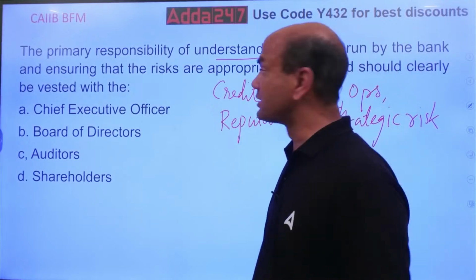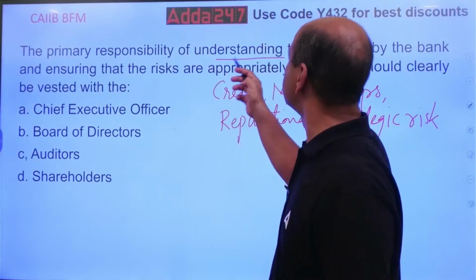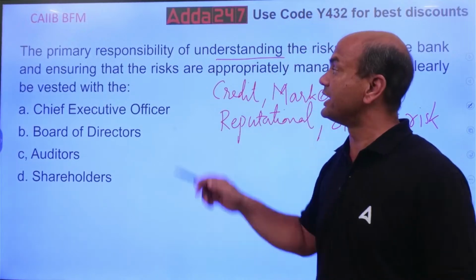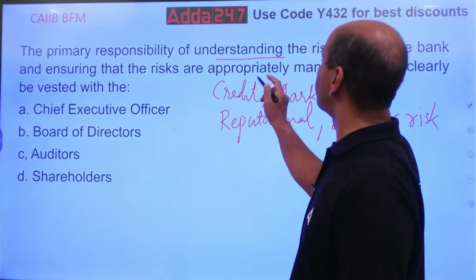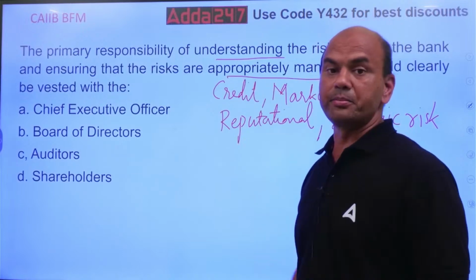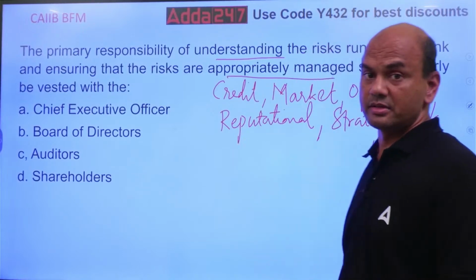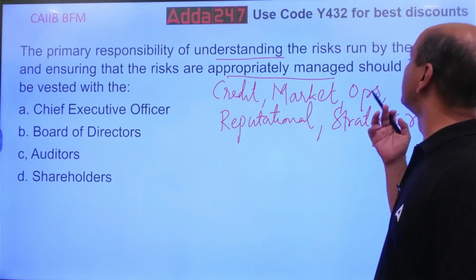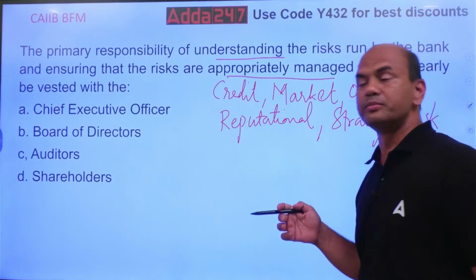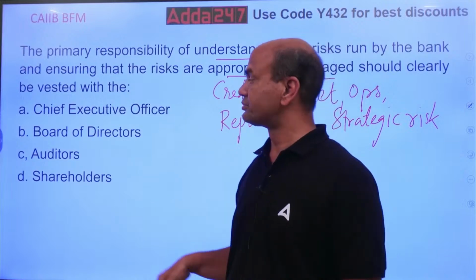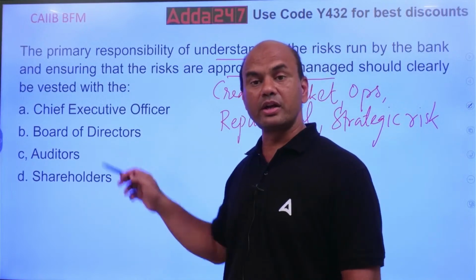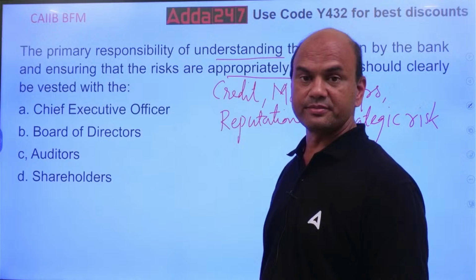So now the question. The responsibility of understanding the risk run by the bank and ensuring that the risks are appropriately managed. How to manage the risk? Should be clearly vested with whom? Is it CEO, board of directors, auditors, or shareholders?